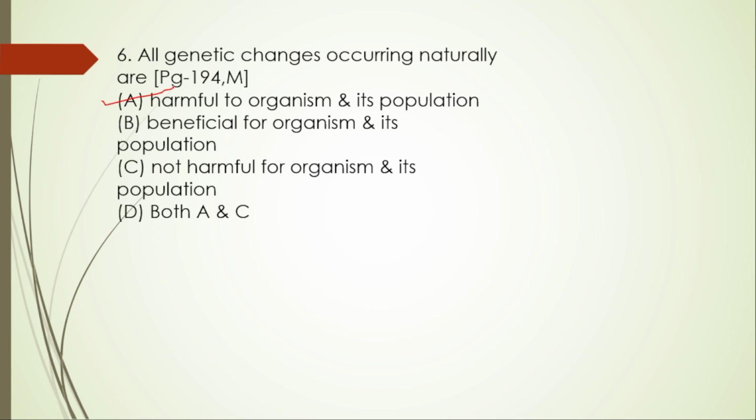Most random changes lead to disruption of finely tuned genetic systems, isn't it? They are likely to be detrimental to the individual or else the population's fitness. That's why this option is the proper one.